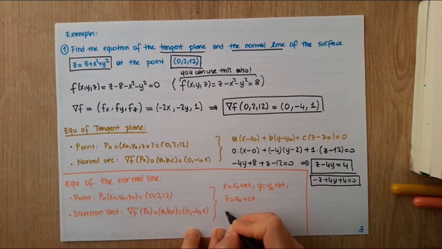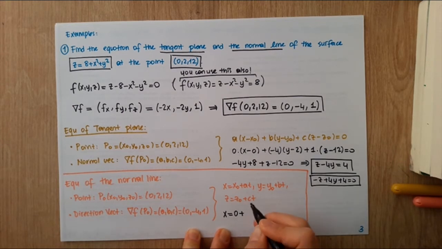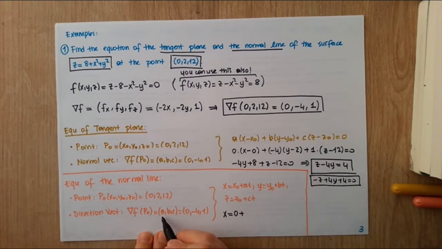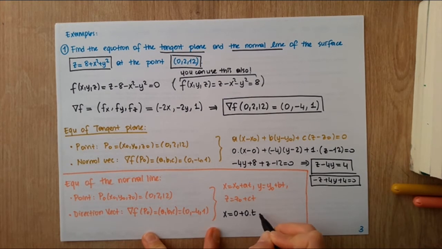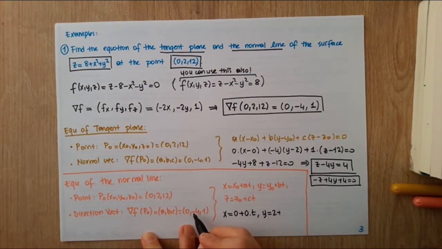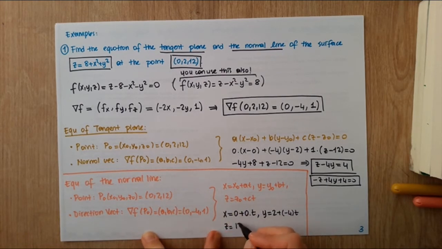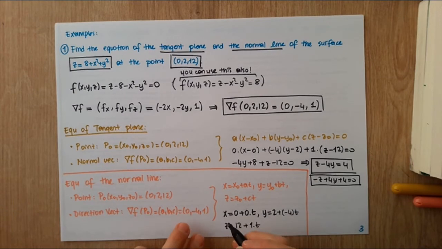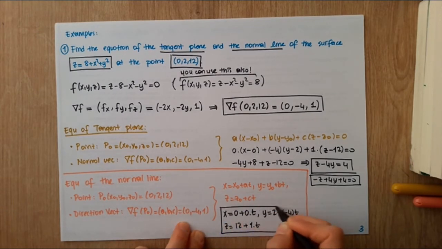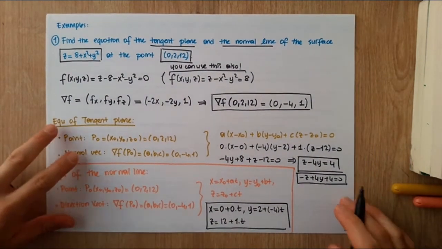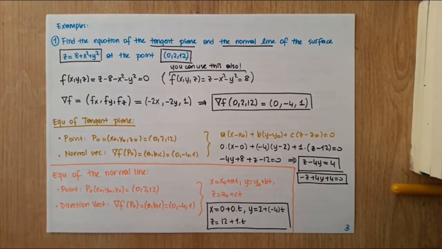So I will substitute everything here. x0 is 0, plus a is also 0, 0 times t. y0 is 2, plus I have minus 4 as b. And z0 is 12, and c is 1, 1 times t. Okay, so this is the equation of the normal line, and I can summarize it like that.